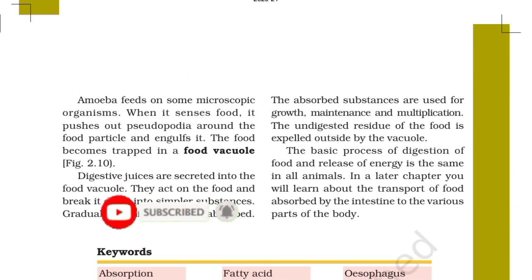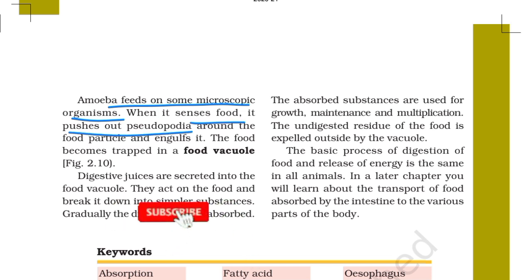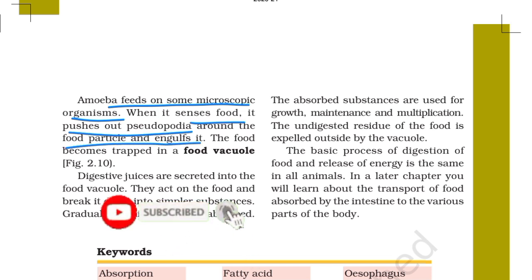The amoeba feeds on some microscopic organisms. When it senses food, it pushes out the pseudopodia around the food particles and engulfs it. Normally the amoeba feeds on very small, simple microscopic organisms which cannot be seen with our naked eyes.